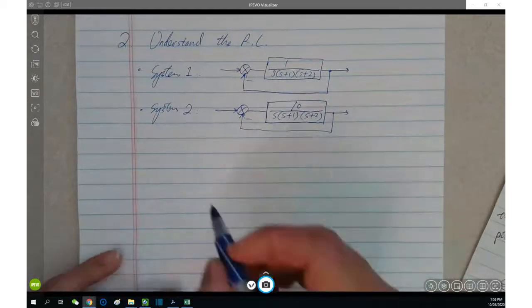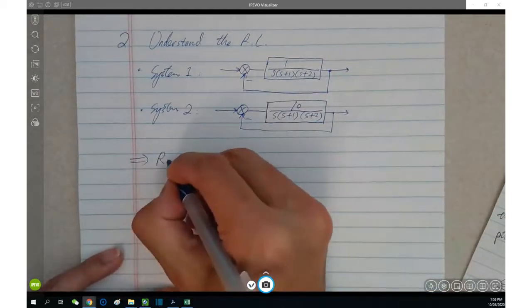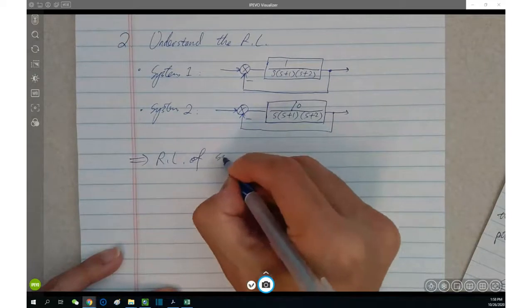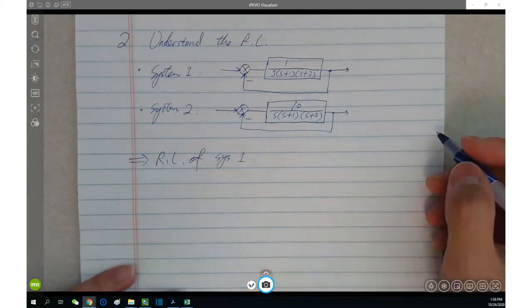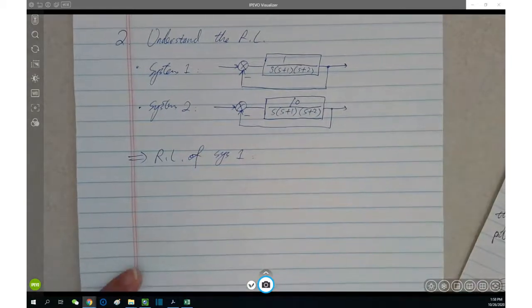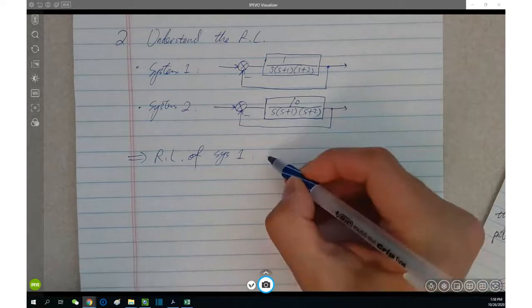Let's study the root locus to system one.